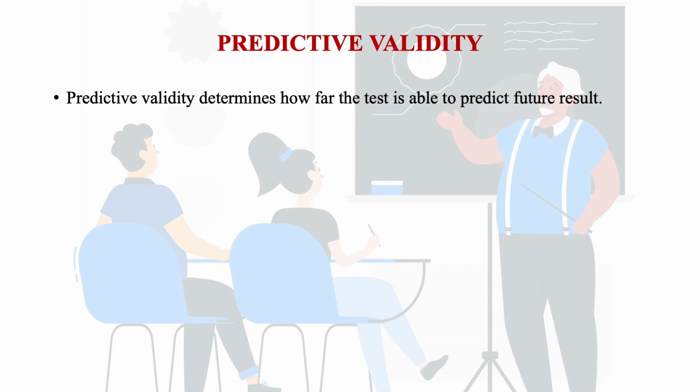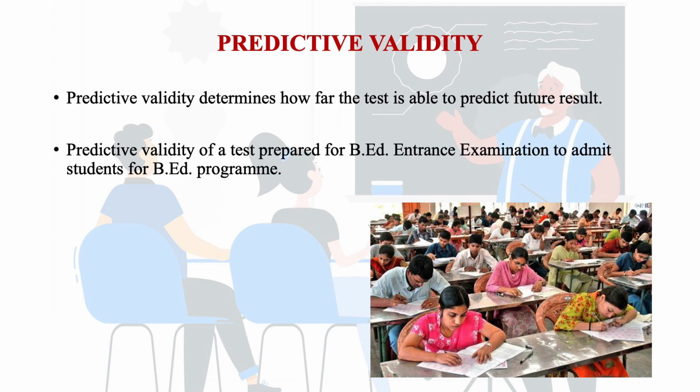So how do you establish the predictive validity of a tool? We will discuss it with one example. Predictive validity determines how far the test is able to predict the future result or the future performances. Consider the predictive validity of a test prepared for the B.Ed examination to admit students for a B.Ed program.